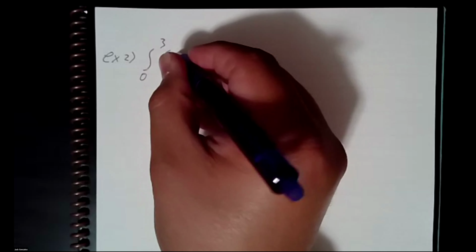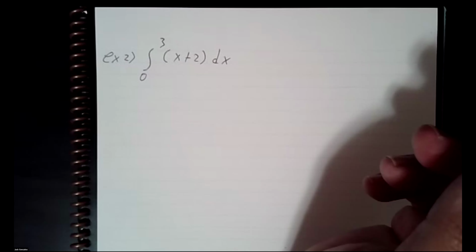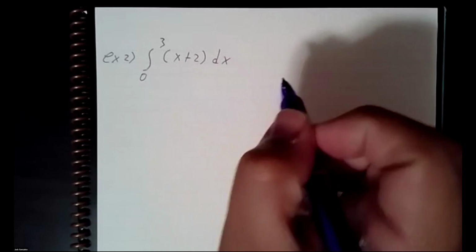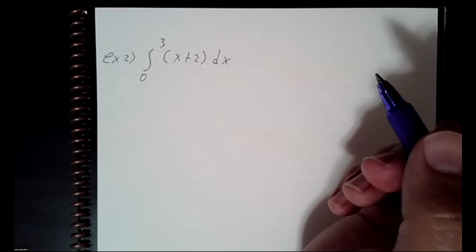The first major application is area. So when you have non-geometrical shapes, just really strange looking shapes, you can use this to find an almost exact area, or an exact area actually.